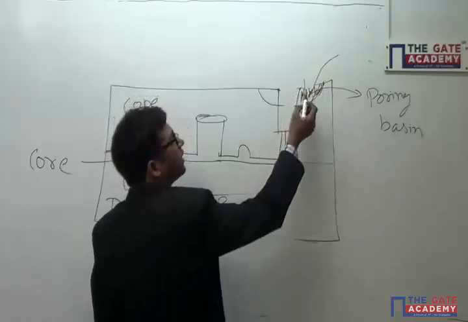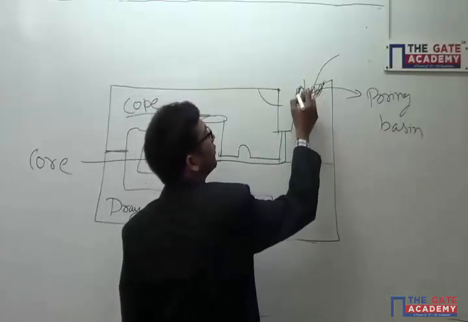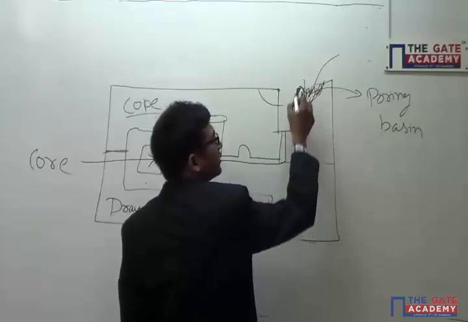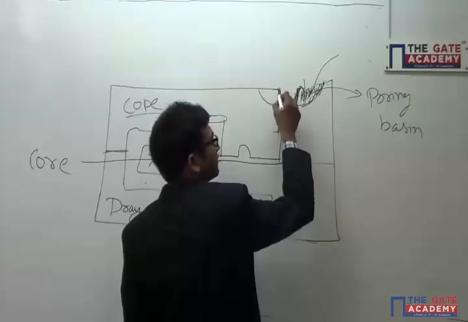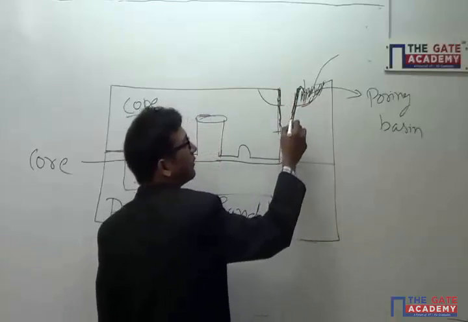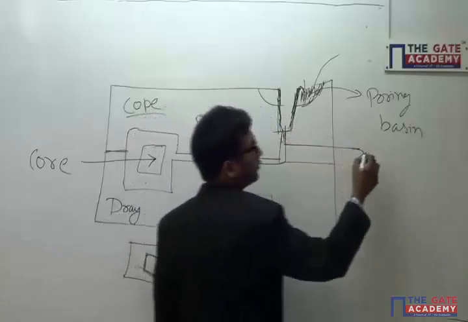So what happens after filling this portion? This molten material will flow, filling this cavity. So when this metal is going side by side to the wall in this sprue, this is called your sprue.